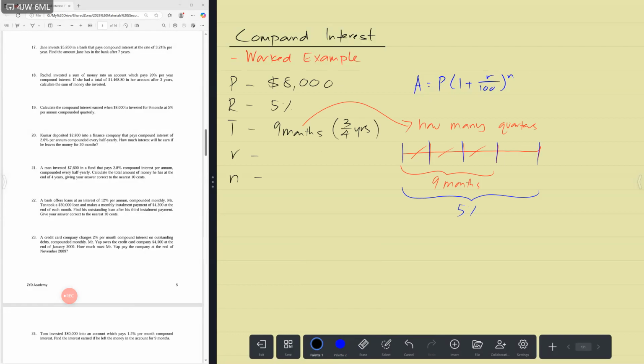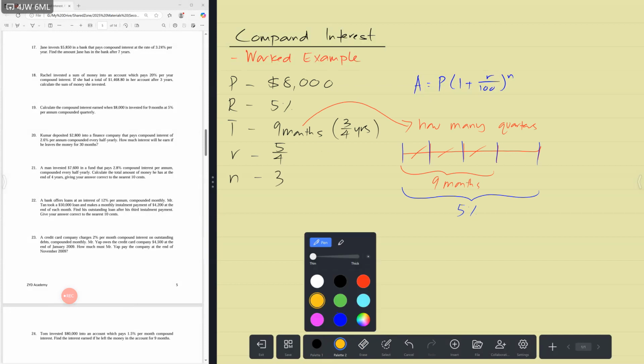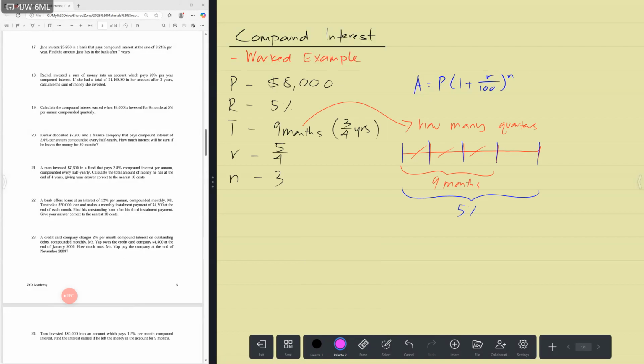So to answer our value of small r and small n, the rate of interest for every interest period is 5% divided by 4, and the number of interest periods is equal to 3. Like I mentioned, there are a total of 3 quarters there. This is the first quarter, second, and the third quarter over a period of 9 months.